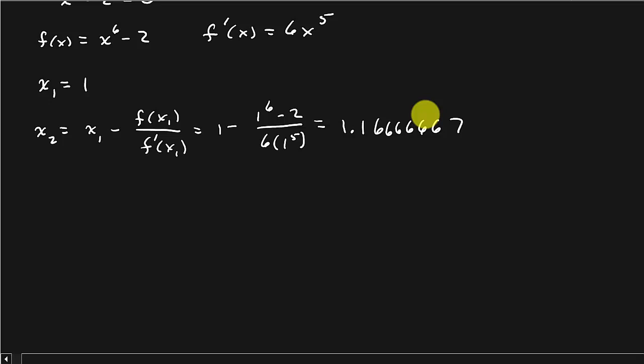Well, we've got to do another iteration because we don't really know right now how close the solution is, since we only have one number here. So if I do x3, that's going to be x2 minus f of x2 over f prime x2, which is 1.1.